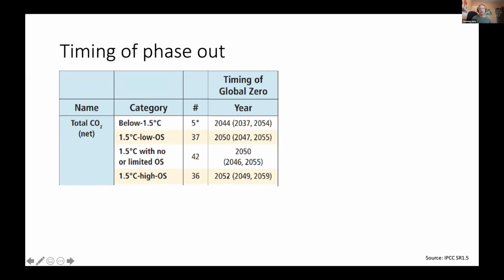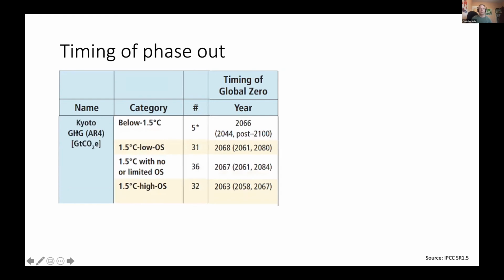But even with high overshoot, which also means high removal, it actually doesn't go much later. So for CO2 in total, you gain only another 2 years. But for all greenhouse gases, it also makes a little bit of a difference. But one thing that is very interesting to note is that for many of the below 1.5 degree scenarios that don't require any carbon dioxide removal, there's actually no complete phase out of all greenhouse gases required because of the stringent reductions in CO2 early on.